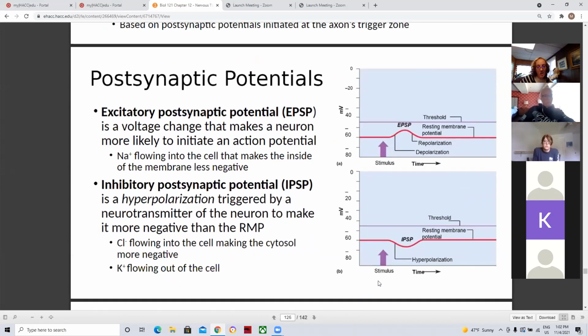We have excitatory postsynaptic potentials, and we have inhibitory postsynaptic potentials. Remember when we talked about action potentials, we have to get to a certain potential. We start at -70, and we have to reach threshold to fire an action potential.